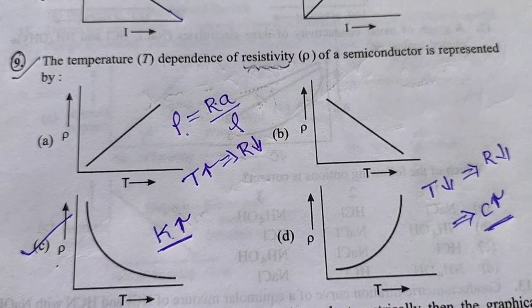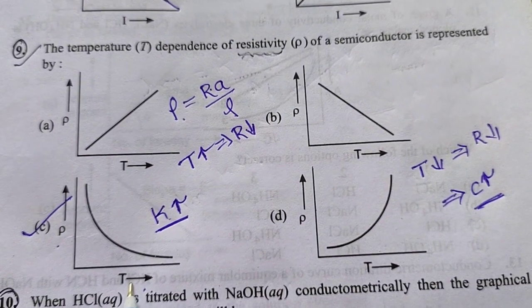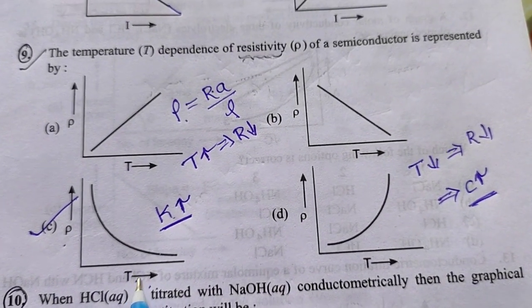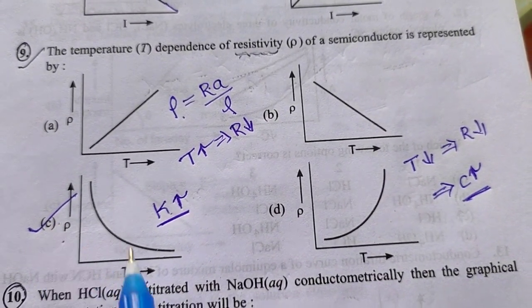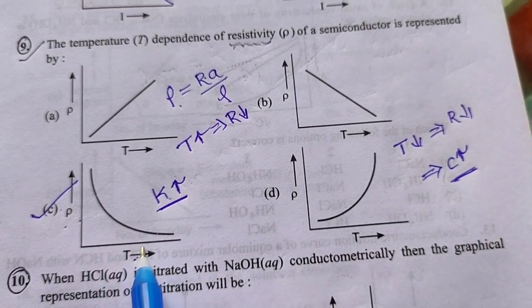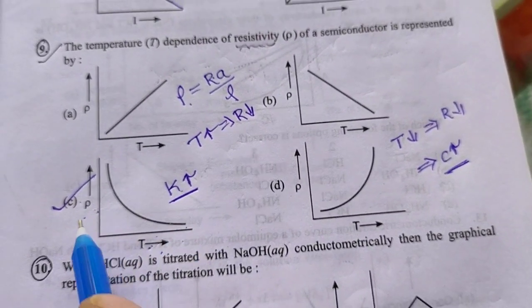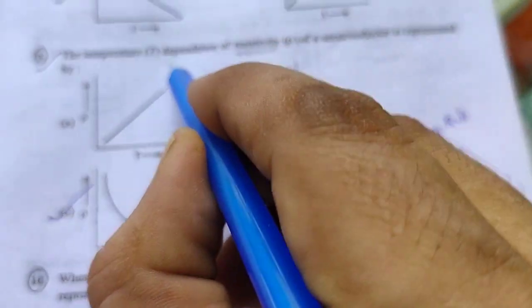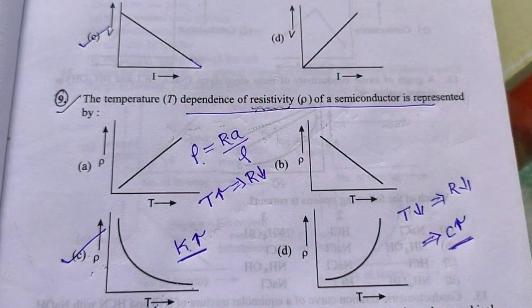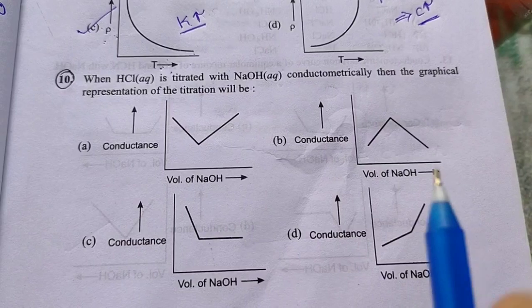For semiconductors and electrolytes, temperature increases, resistance decreases, so both are inversely related. So this is the correct graph for the given question.